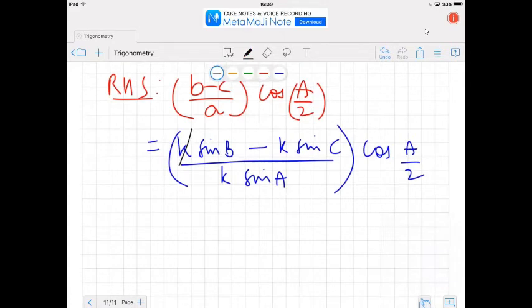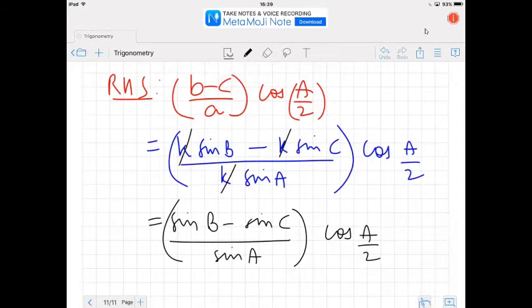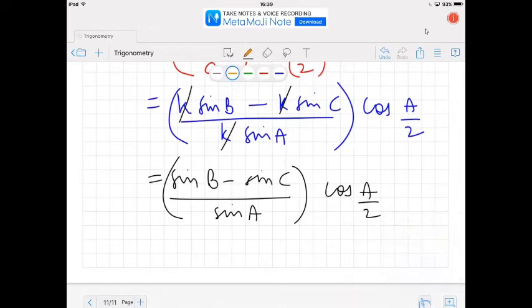So k gets cancelled out from the numerator and the denominator. So I have sine B minus sine C in the numerator divided by sine A multiplied by cos of A by 2. Now, if you recall, this is one more formula that you learned in the 11th standard, sine B minus sine C. You have a standard formula for that.